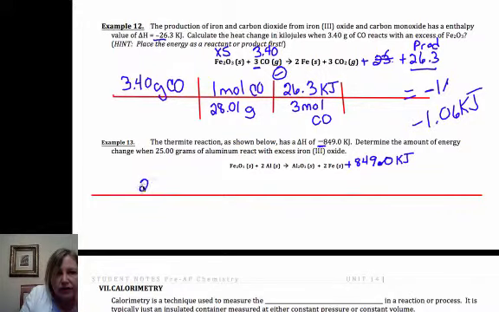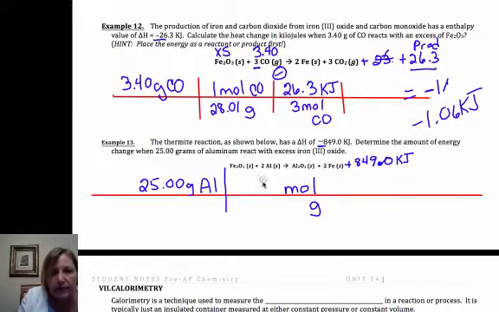So I have 25.00 grams of aluminum. I have excess, which means I don't need to worry about my iron oxide. I'm going to convert grams of aluminum to moles of aluminum.